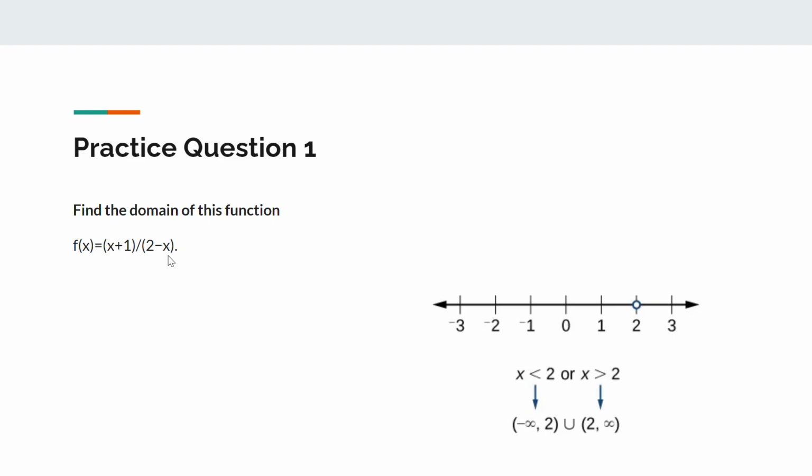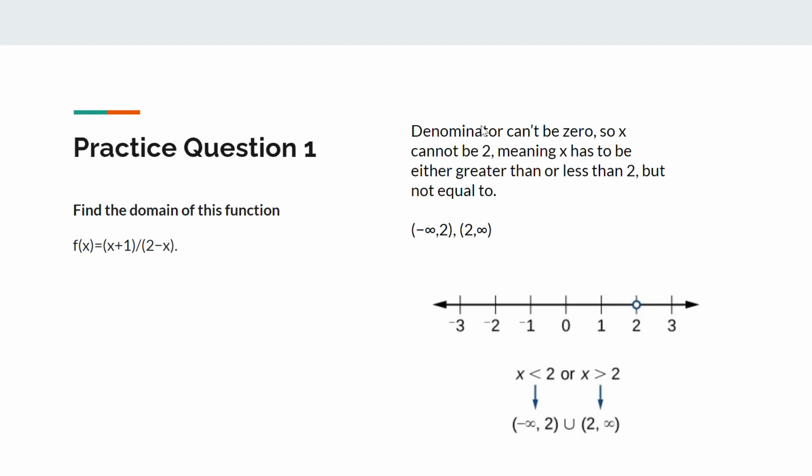So x is going to be anything smaller than 2 or anything greater than 2, meaning x has to be either greater than or less than 2, but not equal to. So here's the domain for this function.